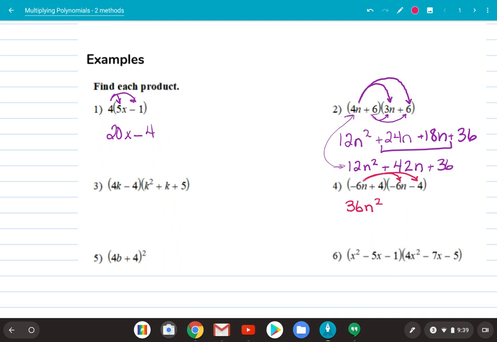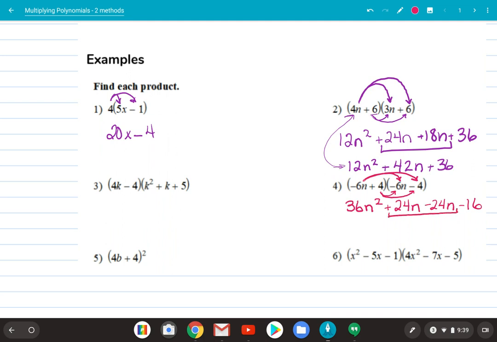Negative 6 times negative 4 is positive 24n. Then we're going to take our 4, our second number, and multiply it to everything. So 4 times negative 6, 4 times negative 4, and then combine like terms.